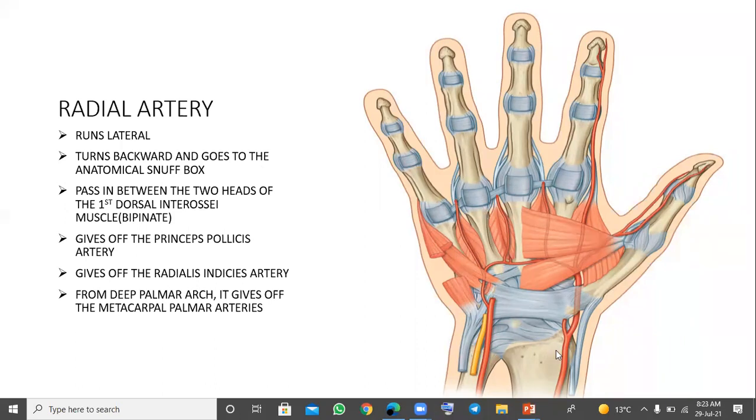When it comes to the radial artery, it is also coming from the brachial artery, as you saw previously. The radial artery runs on the lateral aspect of the anterior forearm, or you can say it runs lateral to the tendon of the flexor carpi radialis. So that is the radial artery, as you can see.